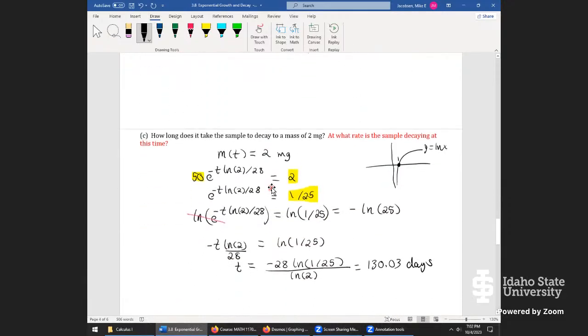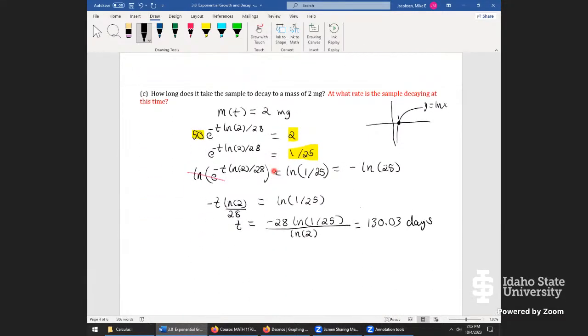So we'll begin by saying, at this time, the rate of decay is, we'll write down the differential equation, dm/dt.